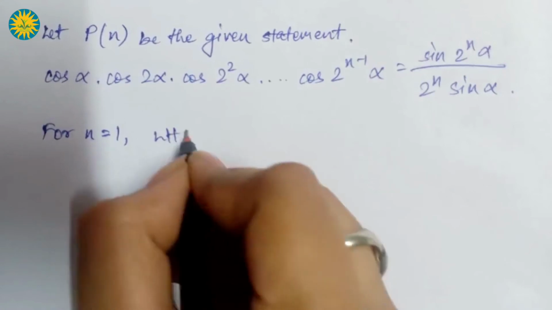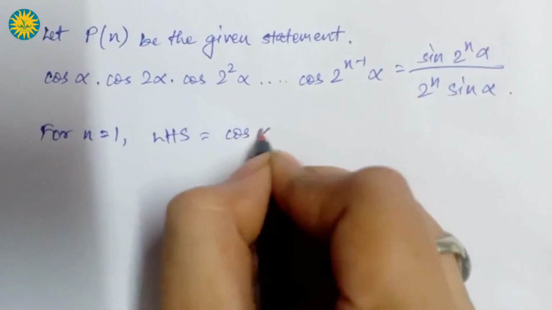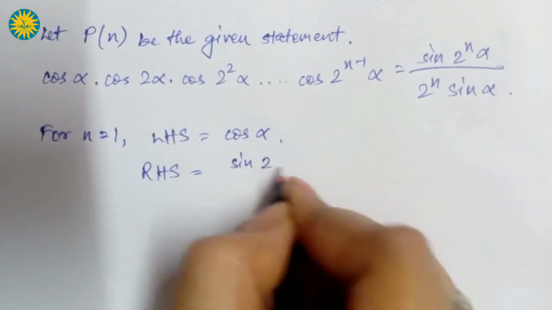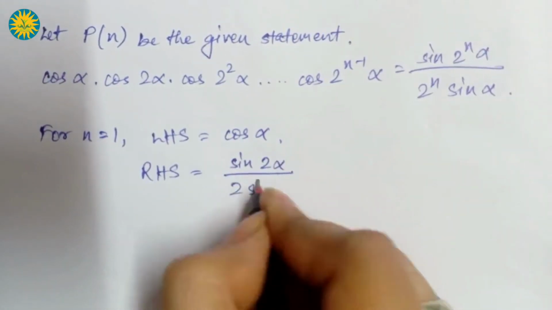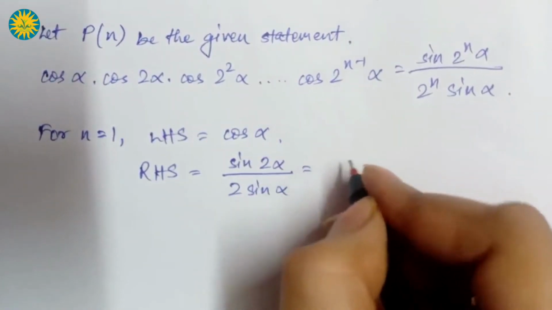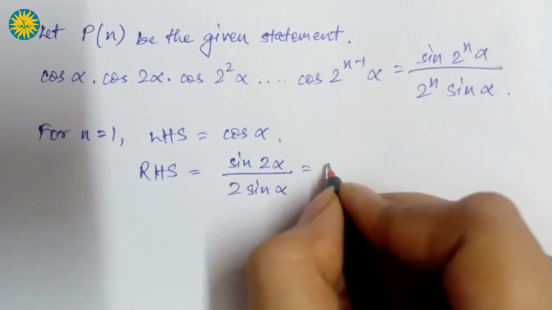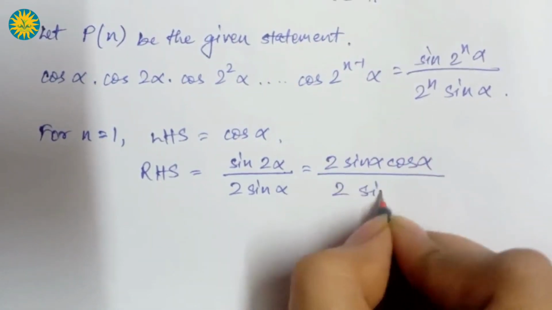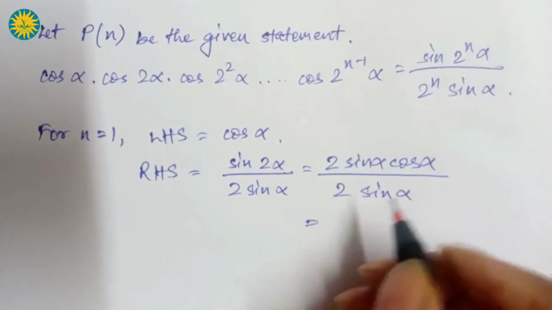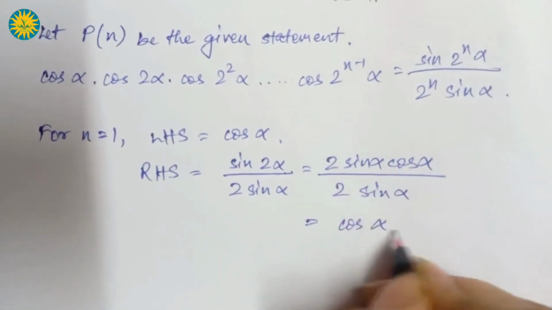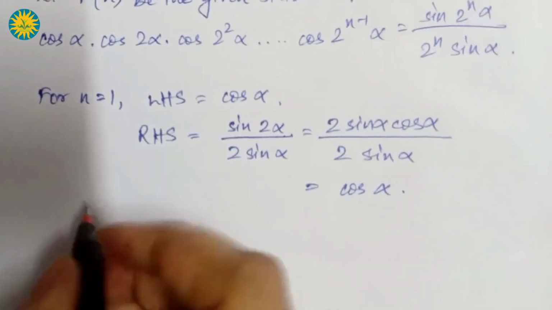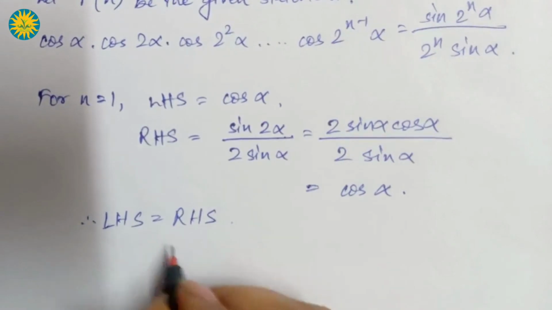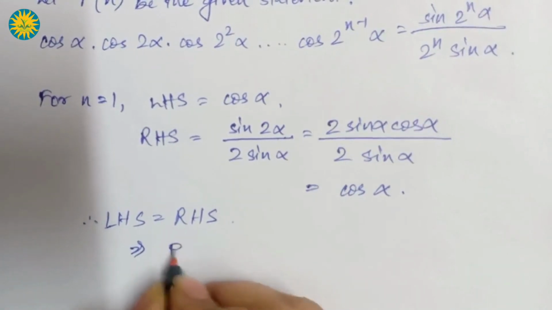From here, we know that LHS gives us cos alpha and RHS gives us sin 2 alpha by 2 sin alpha, which equals, now expanding this we get 2 sin alpha cos alpha by 2 sin alpha. From this we can write it equals cos alpha. Therefore, LHS equals RHS, and hence P of 1 is true.